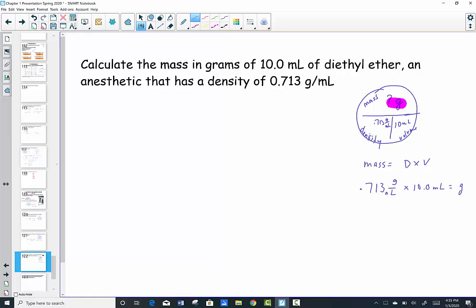I forgot that little m there for milliliter. That bothered me. Thank you. 0.713 gram per mil. 0.713 times 10, and you get 7.13. And that has the proper number of sig figs, 3 of them.